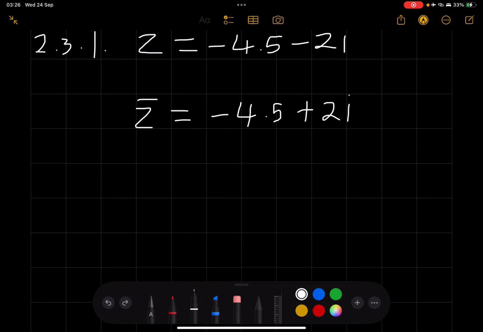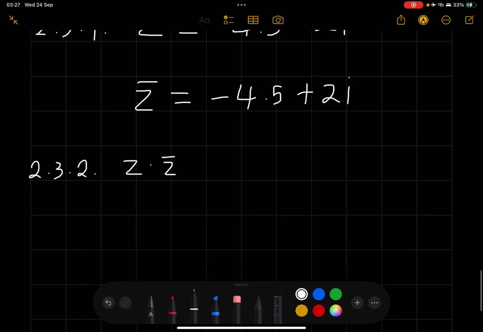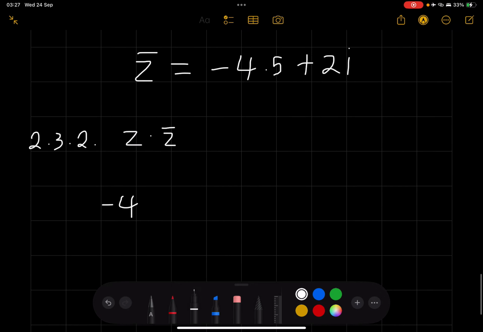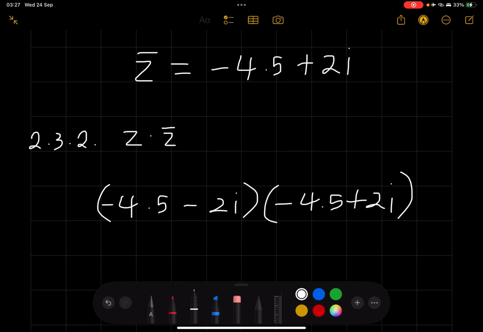And then now we are asked to multiply, 2.3.2. We are asked to multiply the z by its conjugate, né? Okay, let's do that. So I'm going to say minus 4.5 minus 2i, that is my z, multiplied by minus 4.5 plus 2i, that is my conjugate.